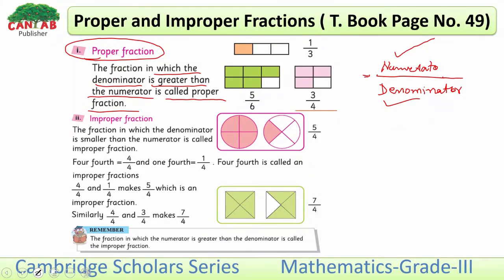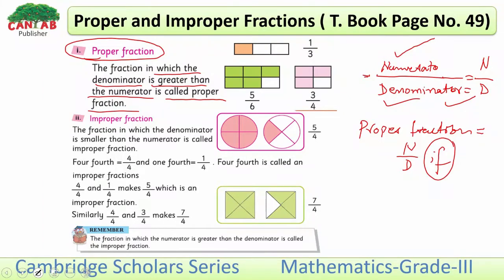We can write it n for numerator and d for denominator. So proper fraction will be equal to n over d, if, look at this condition, n is less than d, means our d is greater than n.